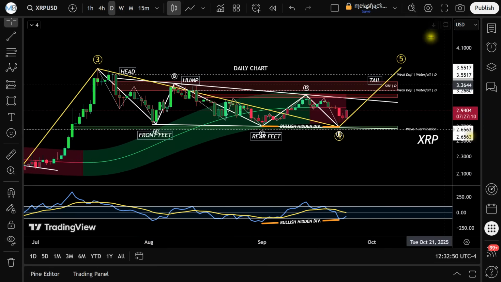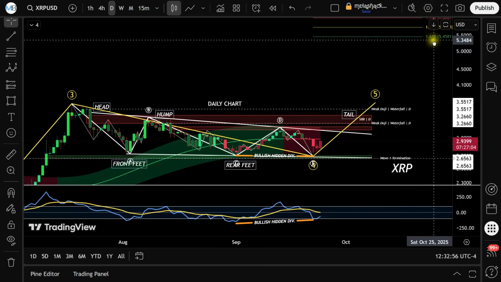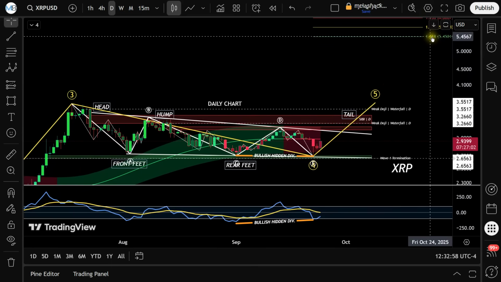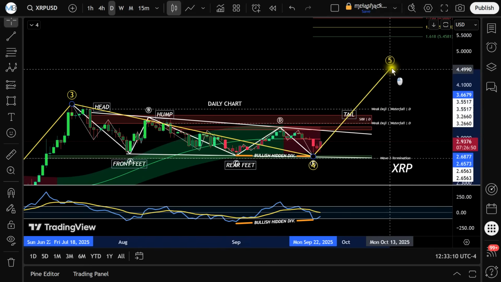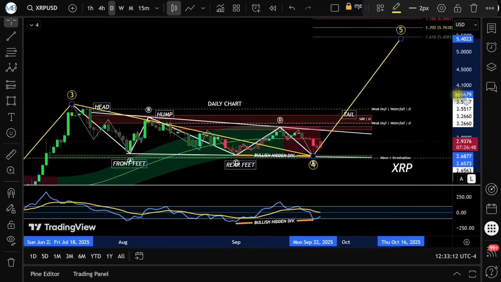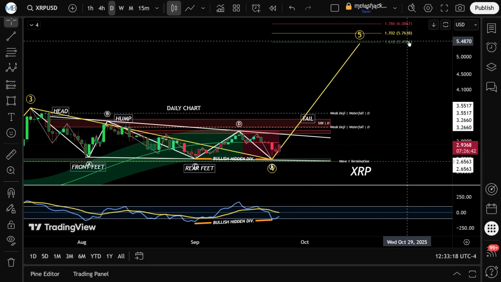Or there is also the possibility that we could move up to the 1.618, which is currently resting up in this area based on the information that we have on this ABCDE descending wedge triangle, which could take price up to the 1.618, which is currently resting at about $5.45, and these numbers will vary depending on which chart you're using, which exchange is providing this chart, and how you apply the fib levels to your chart.